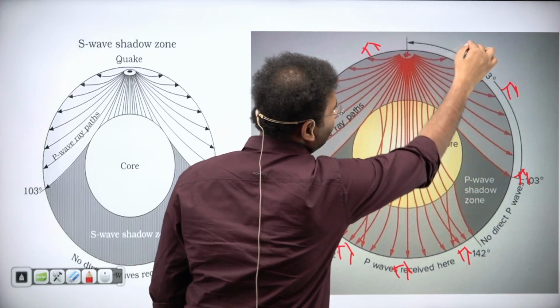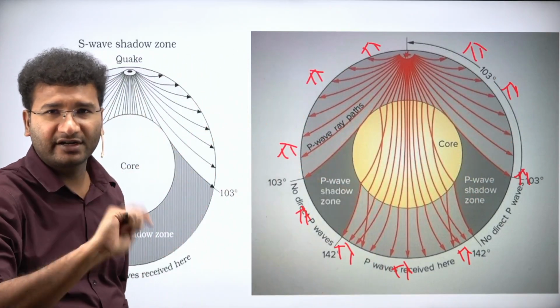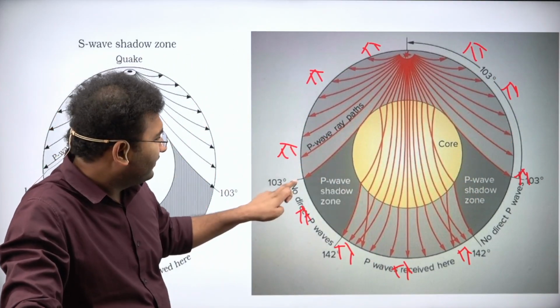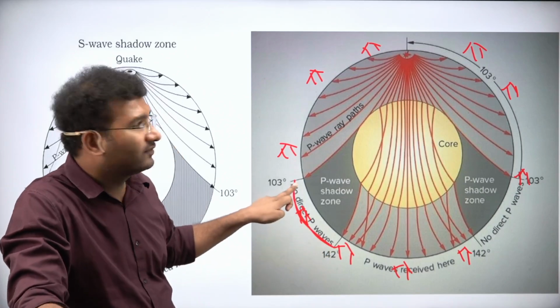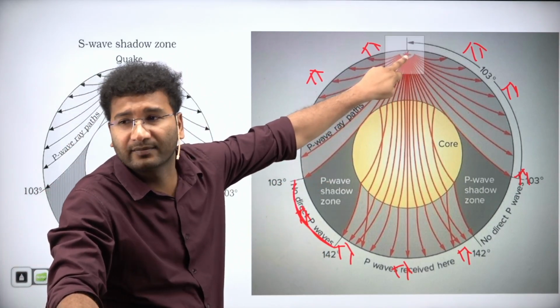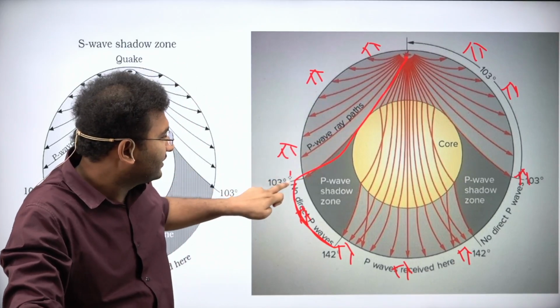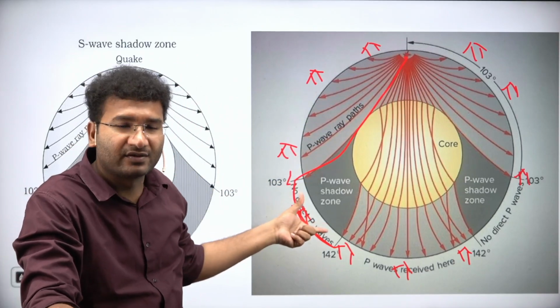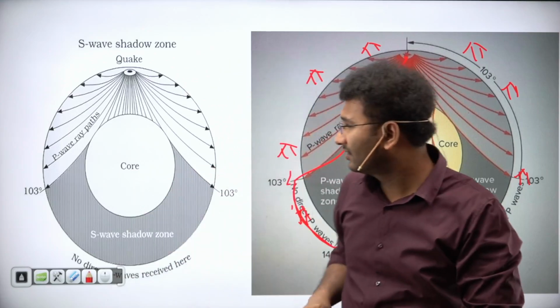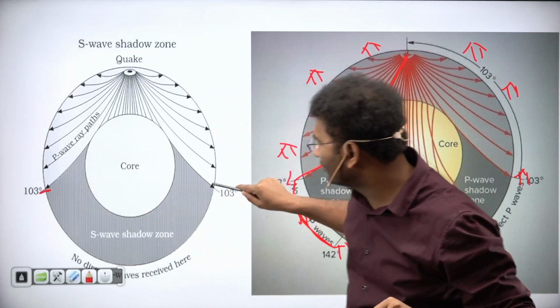Seismographs will note down the waves that have been generated. If an earthquake is generated here, then P waves were absent in this zone. But look at this, S waves were absent from here to here.